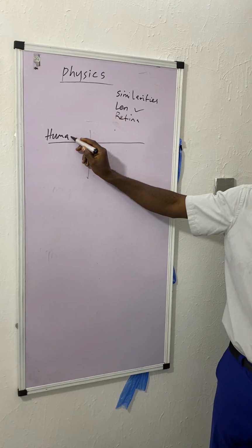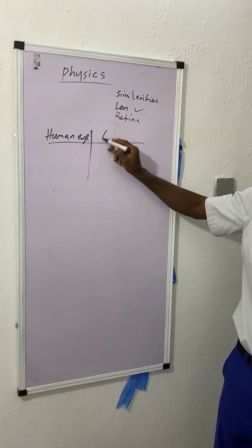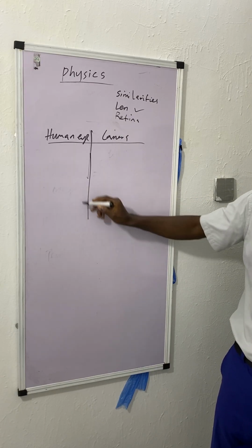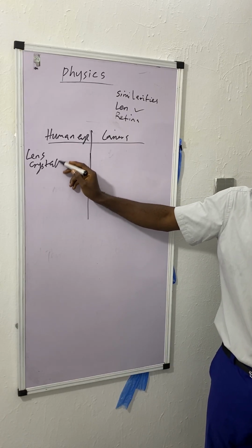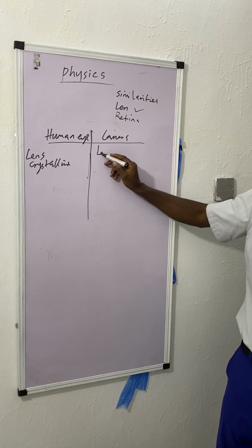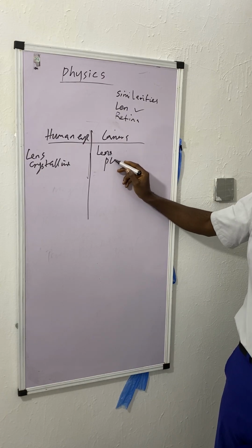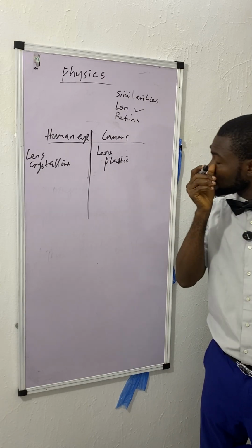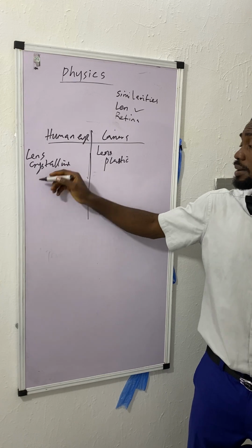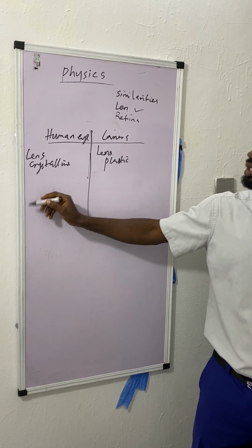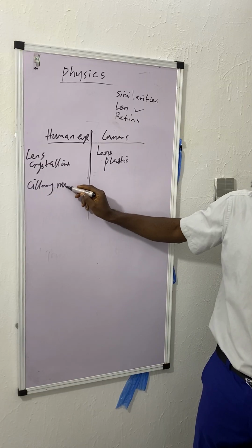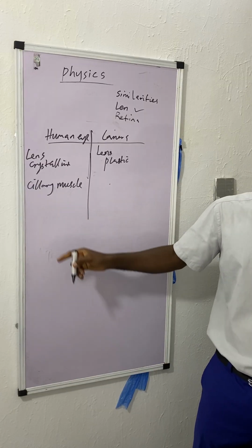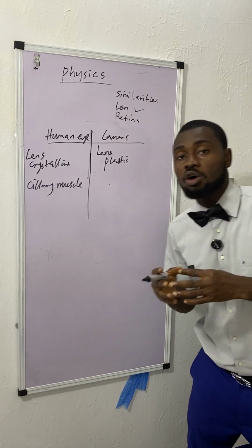Human eye, camera. The human eye lens is made up of crystalline material. Camera lens is made of plastic. The diaphragm is muscular, the ciliary muscle, which controls the tone of the lens.